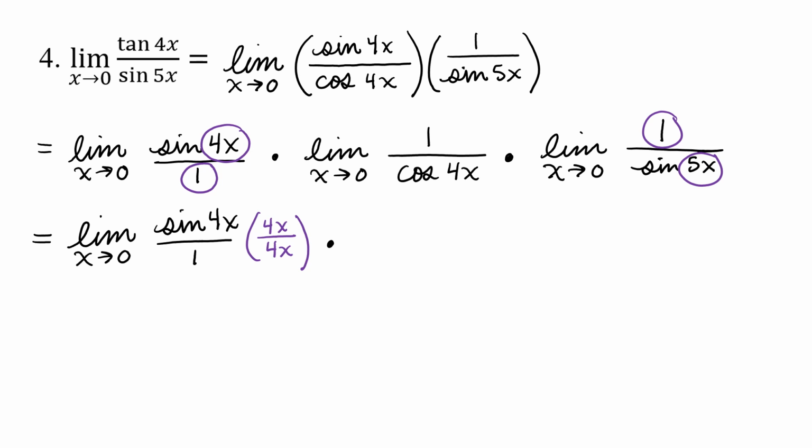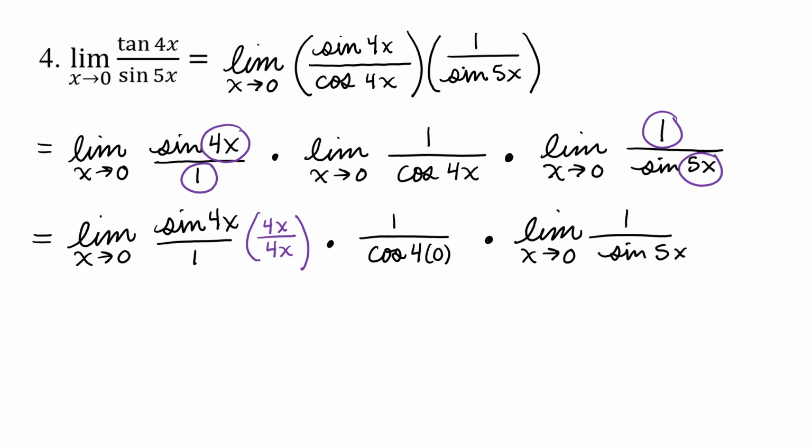So we have 1 over cosine of 4 times 0 times the limit as x approaches 0 of 1 over sine of 5x times 5x over 5x. This 4x is necessary for that limit, but the 4x in our numerator is extra. This 5x is necessary to evaluate this limit, but this 5x in the denominator is extra.